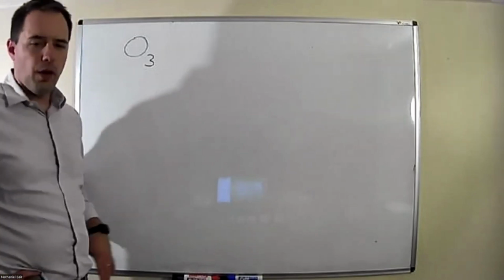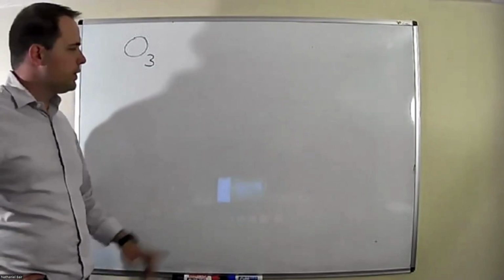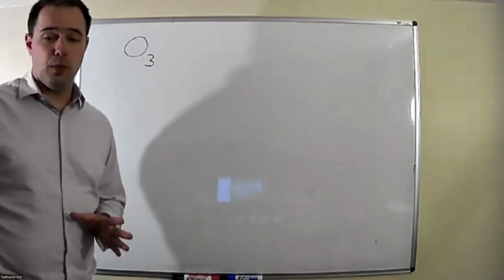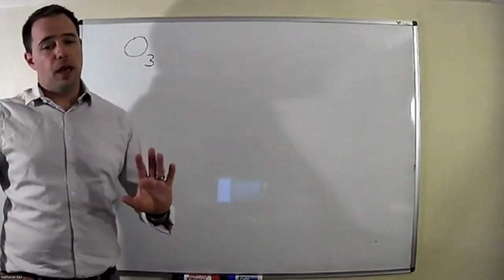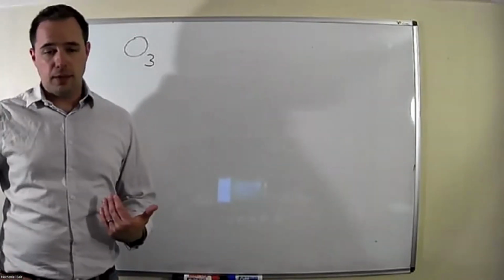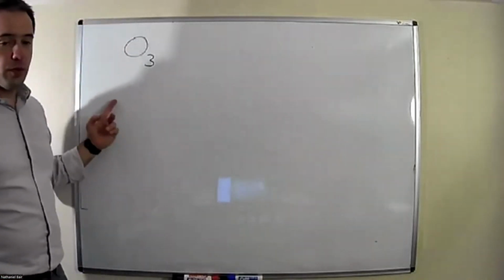But ozone is important because it absorbs ultraviolet radiation, re-emits it, and it doesn't get all the way down to us. It blocks that UV.